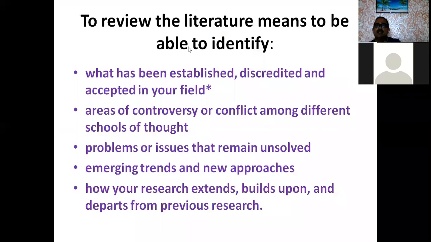To review the literature means to be able to identify what has been established or described and accepted in your field, and areas of controversy and conflict among different schools of thought. You know, there are different schools of thought. In comparative literature, there are the American school, the French school.